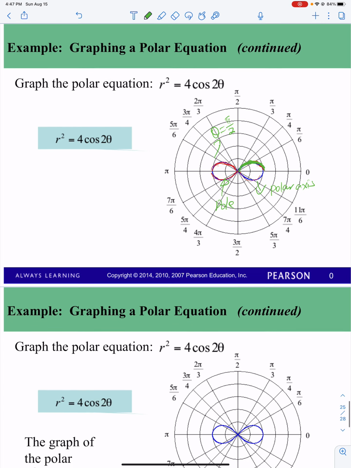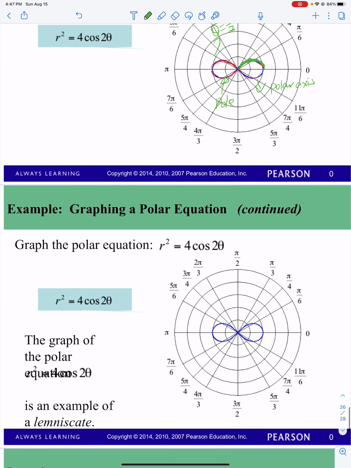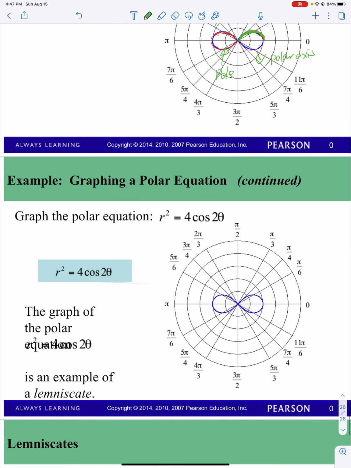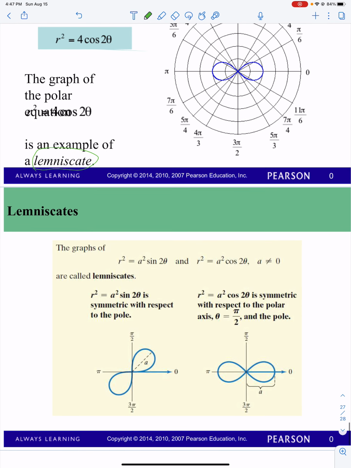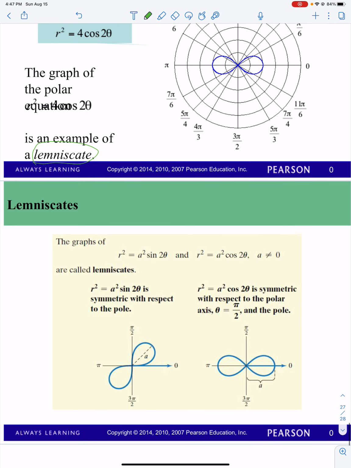So that will be this one. This is a lemniscate. I'm from China, I do not remember these names. You can try: r squared equal to a squared sine 2 theta is symmetric with respect to the pole.